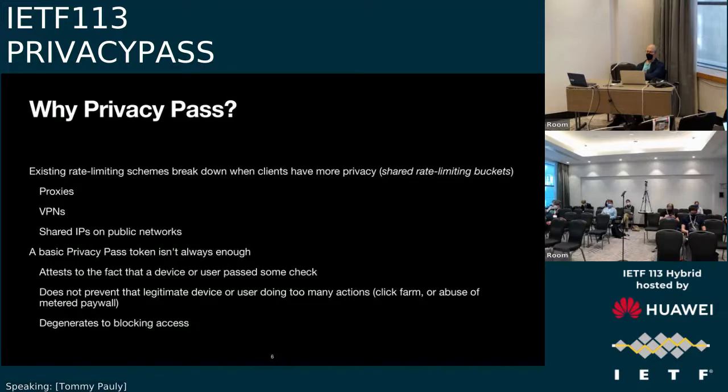And a basic Privacy Pass token is useful for the cases where I'm just going to get really gratuitous CAPTCHAs. But it's not always enough, both for some functional use cases like the metered paywall, but even for some of the CAPTCHA prevention cases. A basic Privacy Pass token says that a device or a user passed some check, but it doesn't stop that device from overwhelming what the service would allow if that service wants to have a pretty low rate limit.